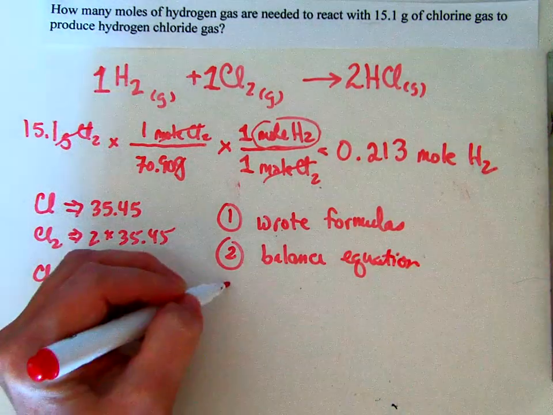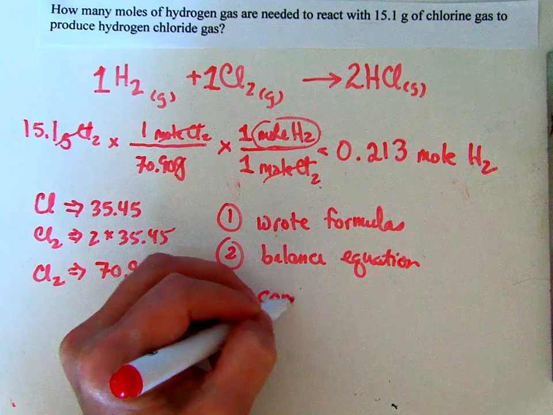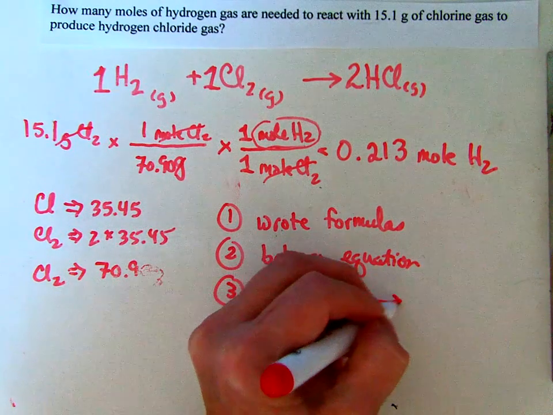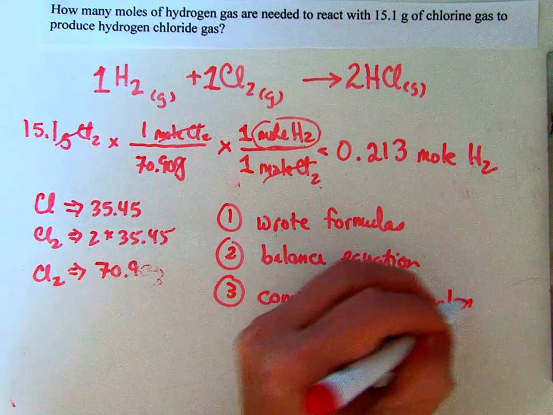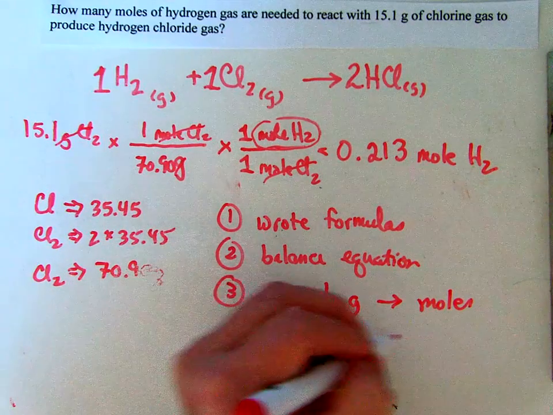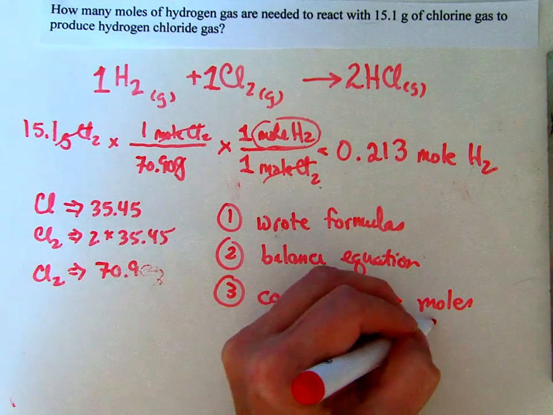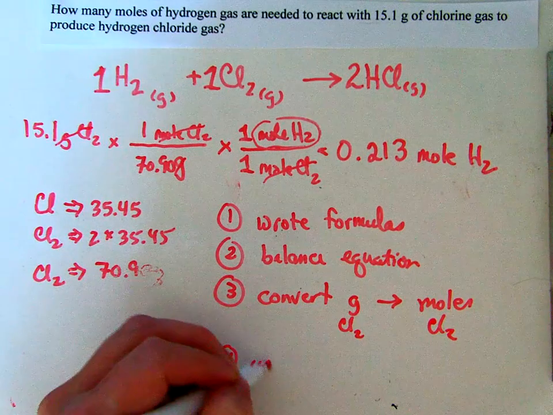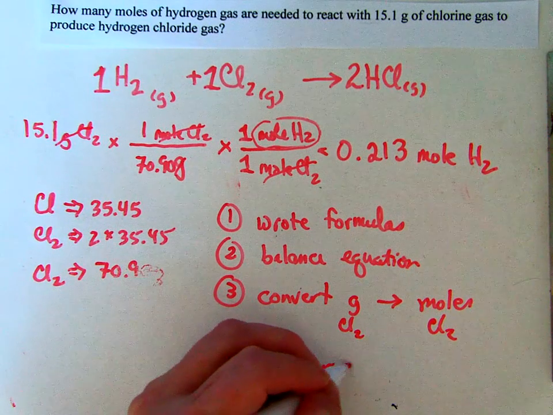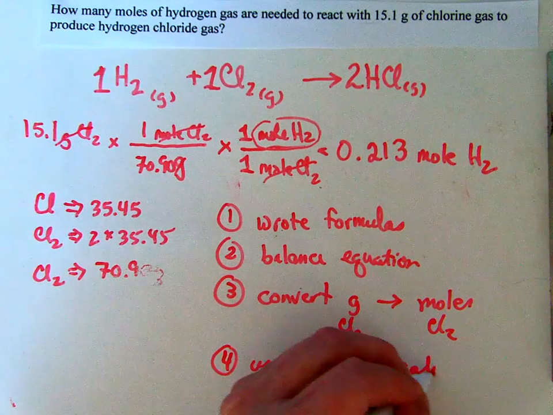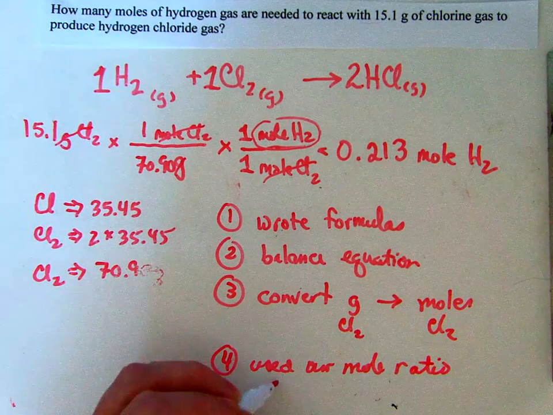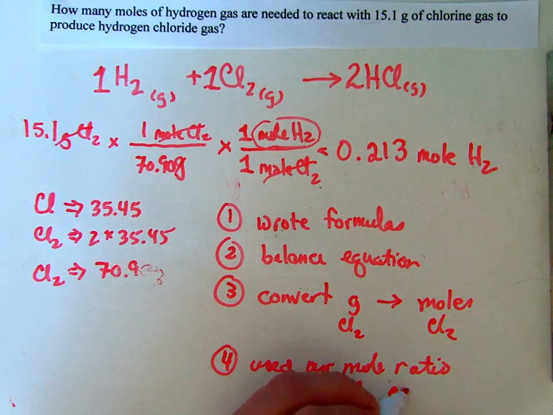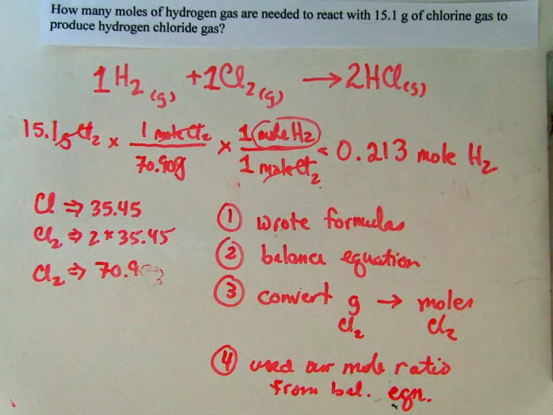Third thing we did, and this is going back to the skill you learned last semester, is we converted grams into moles, specifically grams of chlorine into moles of chlorine. Okay? And then we used our mole ratio from our balanced chemical equation. And that's it. Just a simple 4-step process.